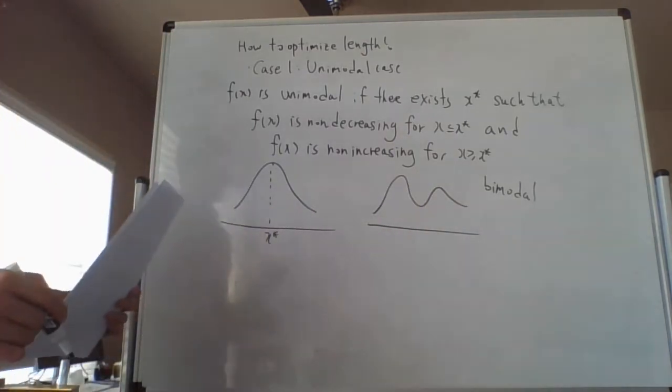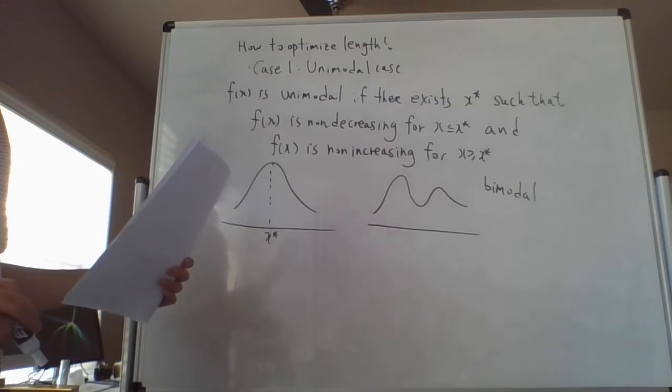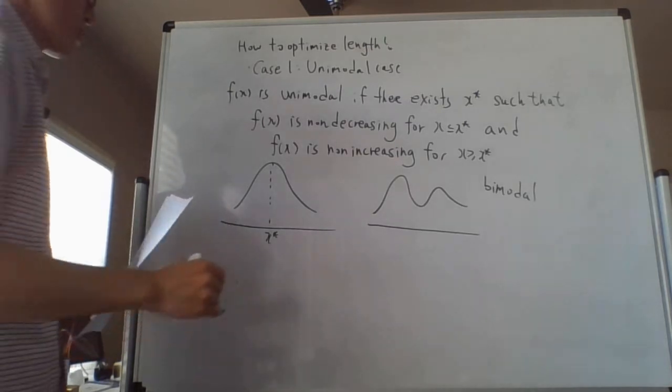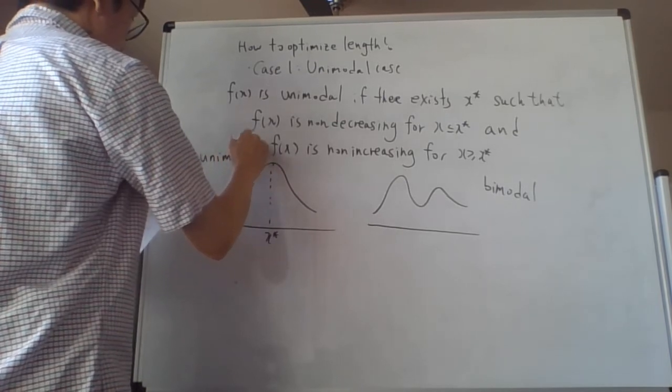So in this case, we have two hills, having two peaks, which we call bimodal. The first example is unimodal.